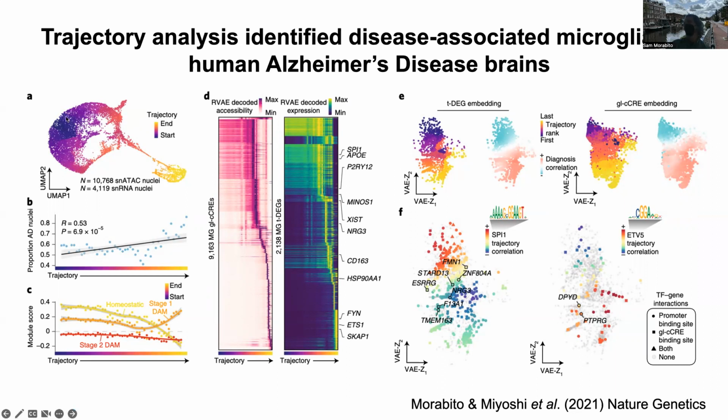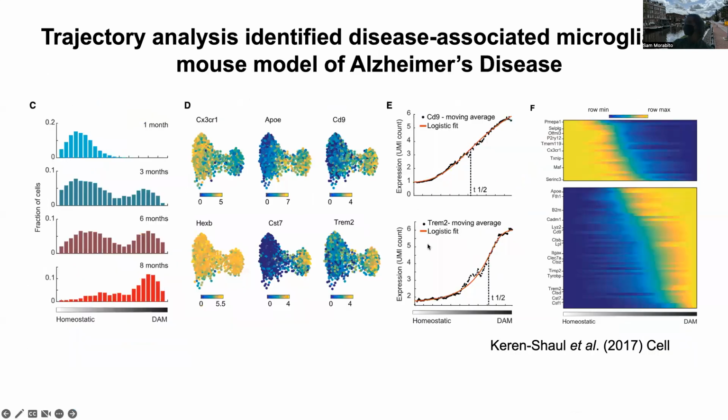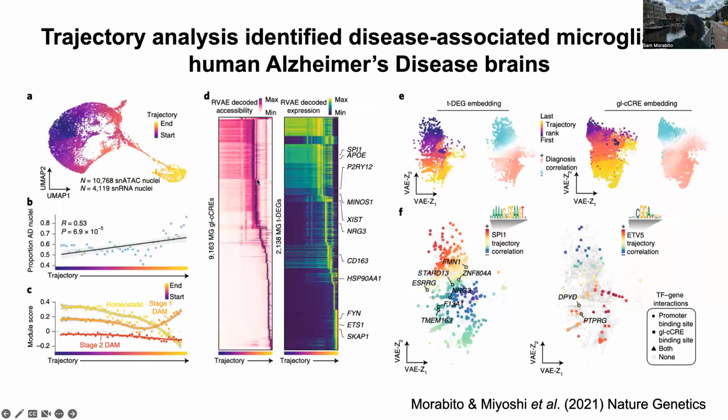So the UMAP on the top left is an integrated object of ATAC-seq and RNA-seq. And then these heat maps in panel D are similar to the ones they showed in this panel F, showing the genes that are differentially expressed along the trajectory. But we also showed chromatin accessibility changing as well, since we have the ATAC-seq data.